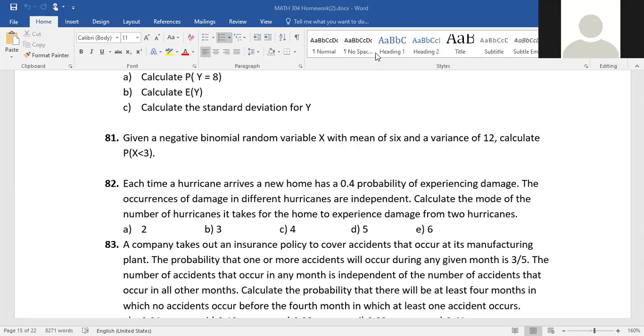So you have a negative binomial distribution with a mean of 6 and a variance of 12. What is the probability that X is less than 3?